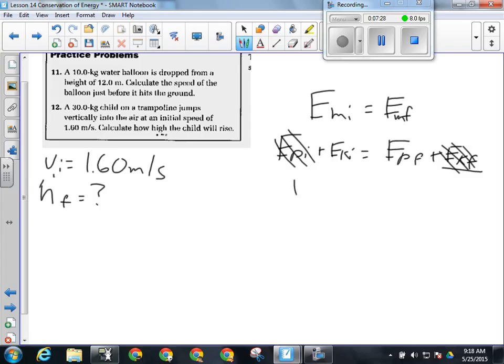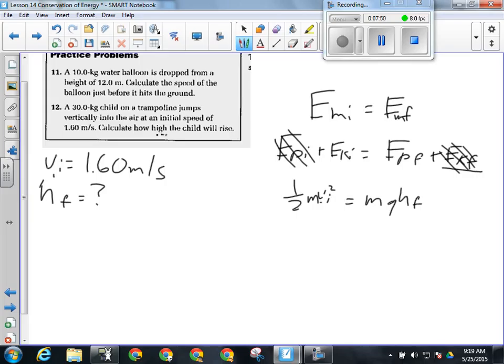Now we can plug in our formulas. 1/2 m vi squared equals m g hf. I want to get hf by itself because I want to find out how high the child will fly. So what do I need to move?